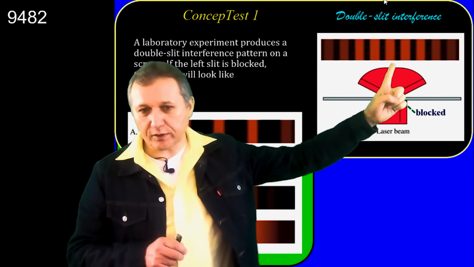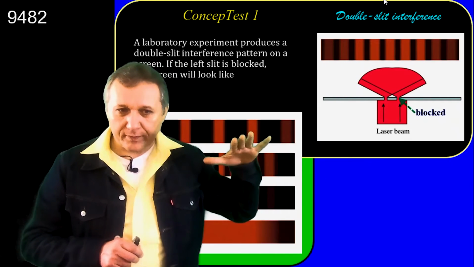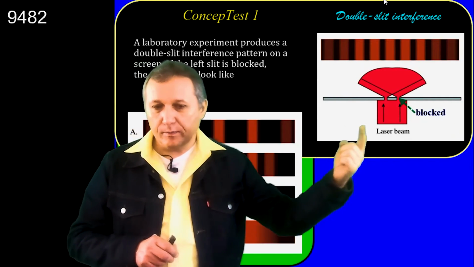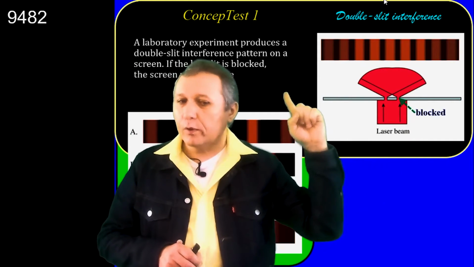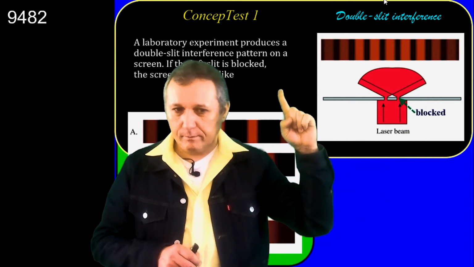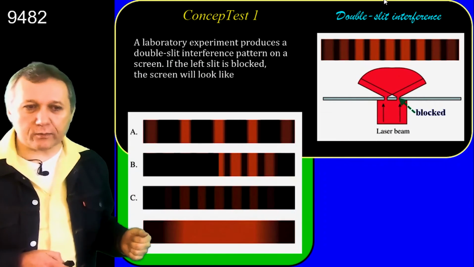Again, at the center you see the bright spot, and they're equally spaced and so on. Now, what if I take a piece of paper and block one of these slits, only one? The second is open, but this one is blocked. What are we going to see?